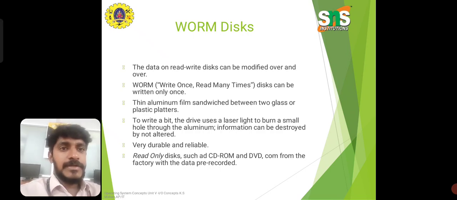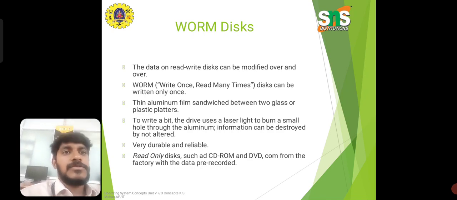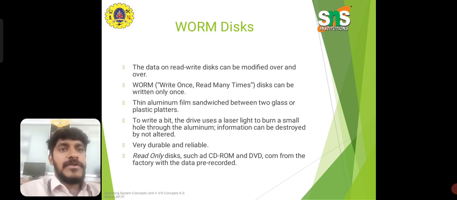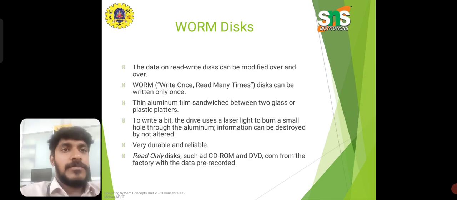To write a bit, the drive uses laser light to burn a small hole through the aluminum, so information can be destroyed but not altered. This makes it very durable and reliable. Read-only disks such as CD-ROM and DVD come from the factory with the data pre-recorded. So the WORM disk plays an important role here, as does the read-write disk in disk storage.